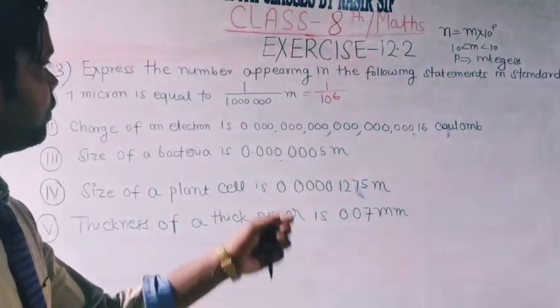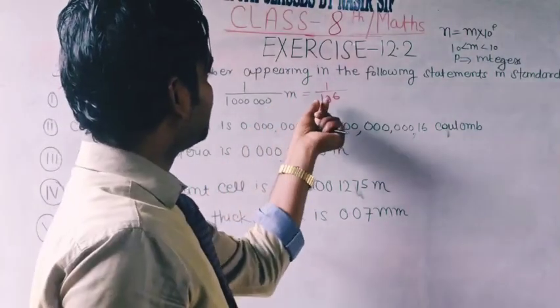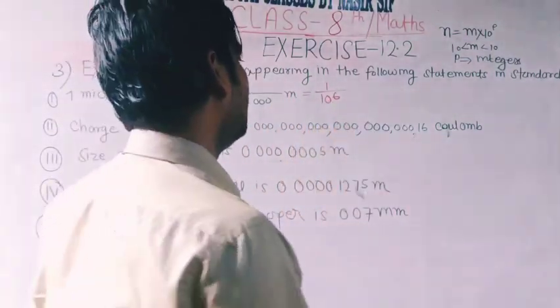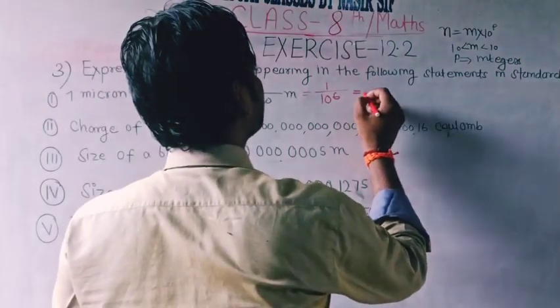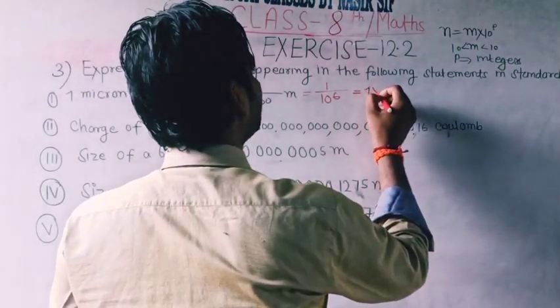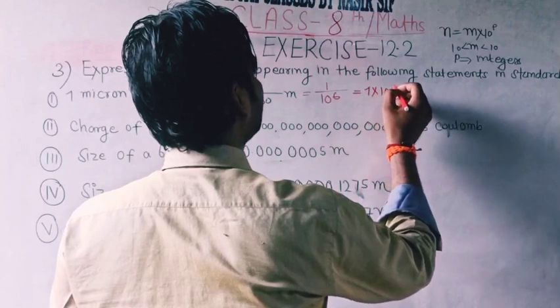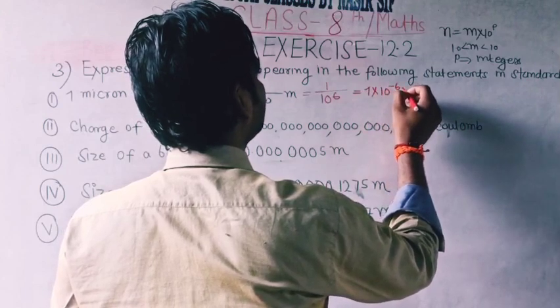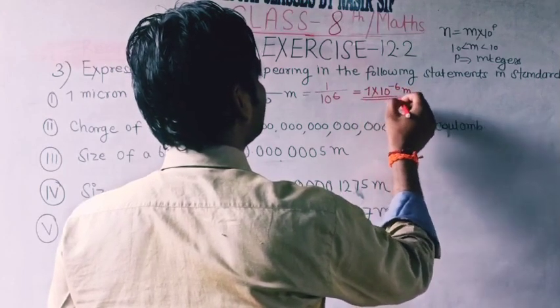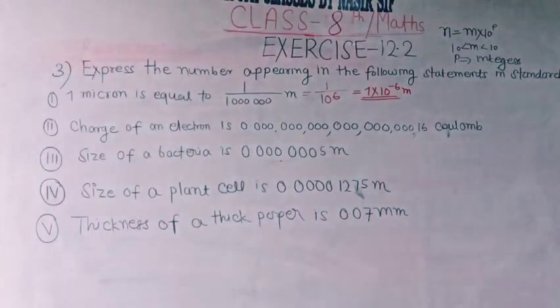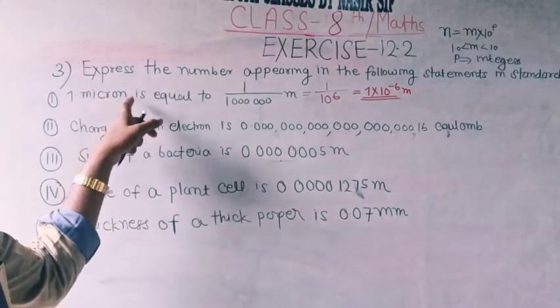Now bring the exponent 10 to the power 6 into the numerator, so this will be 1 into 10 to the power minus 6 meter. This is the standard form of 1 micron.